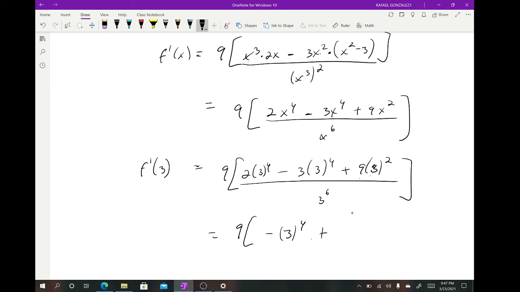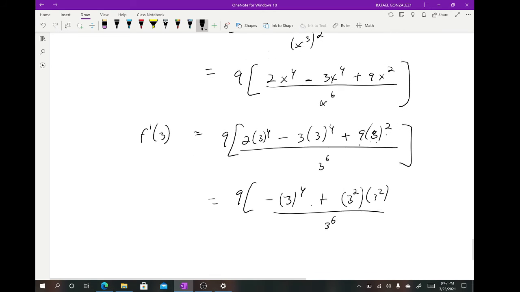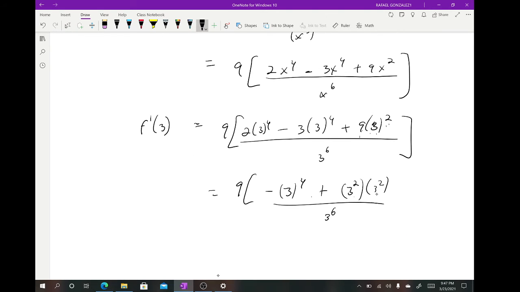But notice 9 I could rewrite. 9 is the same thing as 3 squared. So this is 3 squared times 3 squared, which is simply 3 to the 4, over 3 to the 6. So minus 3 to the 4 plus 3 to the 4 divided by 3 to the 6, because we rewrote 9 as 3 squared.